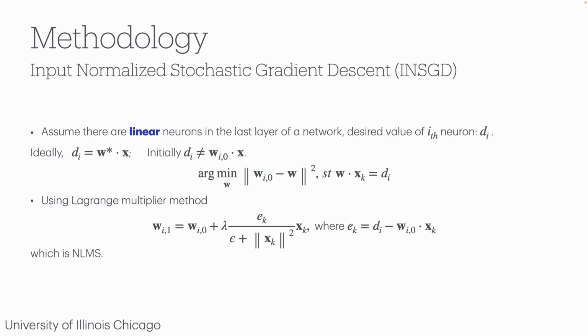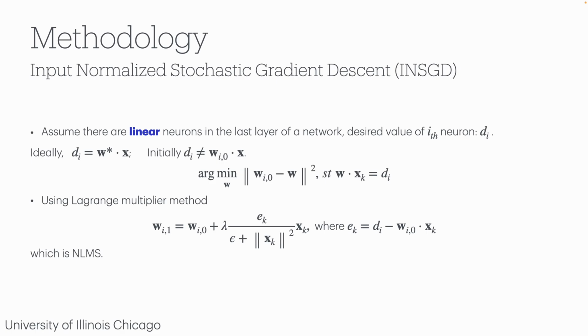So now I want to show the details of the INSGD. Assume there are only linear neurons in the last layer of a network, and the desired value of the ith neuron is di. Therefore, ideally, we want di to be equal to the dot product of the optimal set of weights and the input. However, the initial weights do not provide that.